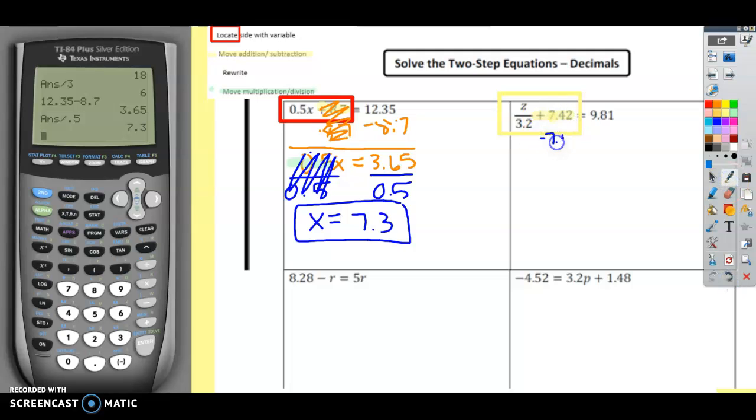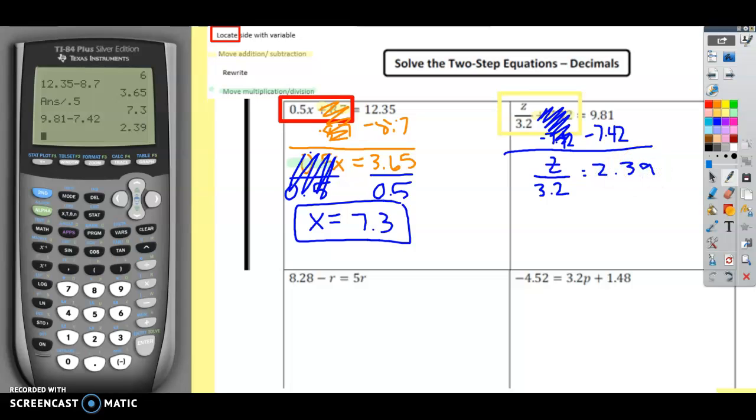So subtract 7.42. Opposites cancel. We're going to bring down z divided by 3.2. Now it looks like a fraction, right? But remember, a fraction is the operation of division. So it's a variable divided by 3.2. When we do our subtraction over here, we have 9.81 subtract 7.42. You get 2.39.